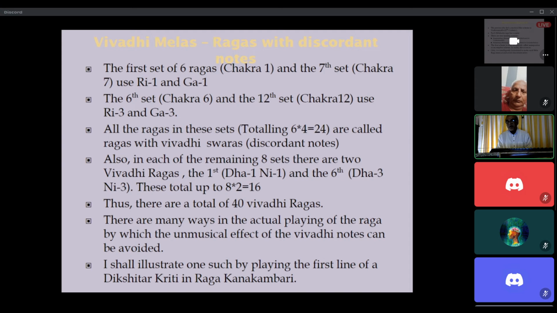The beauty of Carnatic music ultimately comes from how the composers and those who actually played with these ragas made even these Vivadi ragas into beautiful ragas. And this is a separate subject by itself, and I'm hoping that somebody like Gokul will probably do a small demonstration on this sometime later. There are many ways in which the actual playing of the raga can avoid the unmusical effect of the Vivadi notes.